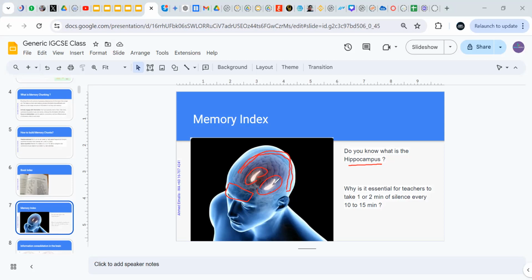So the interface between both of them is the hippocampus. The hippocampus takes the information from the working memory and tries to organize it in a proper manner in the permanent memory so that you are able to retrieve it when you need it. So they have to index it in a way that you can retrieve it.